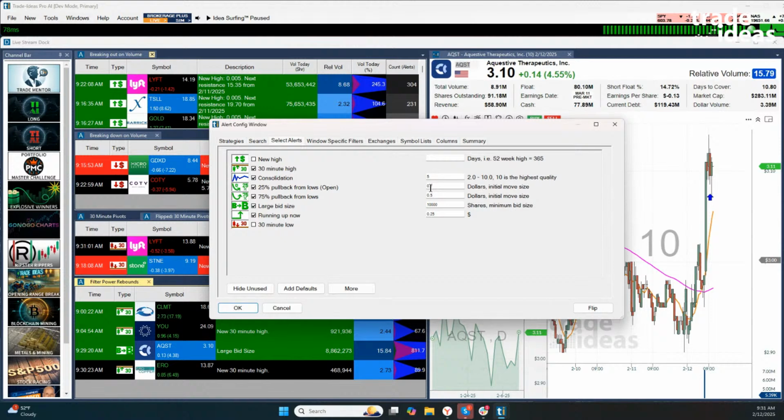And I see the size of the initial move. So I wanted to have moved at least 70 cents. I want to have moved at least 50 cents here. And 10,000 on the bid, maybe a buyer stepping in, and something that's moved up 25 cents. I want to see that too. So these are just all examples of, for every alert you can give even more specification and customization. So I'm going to hit OK.